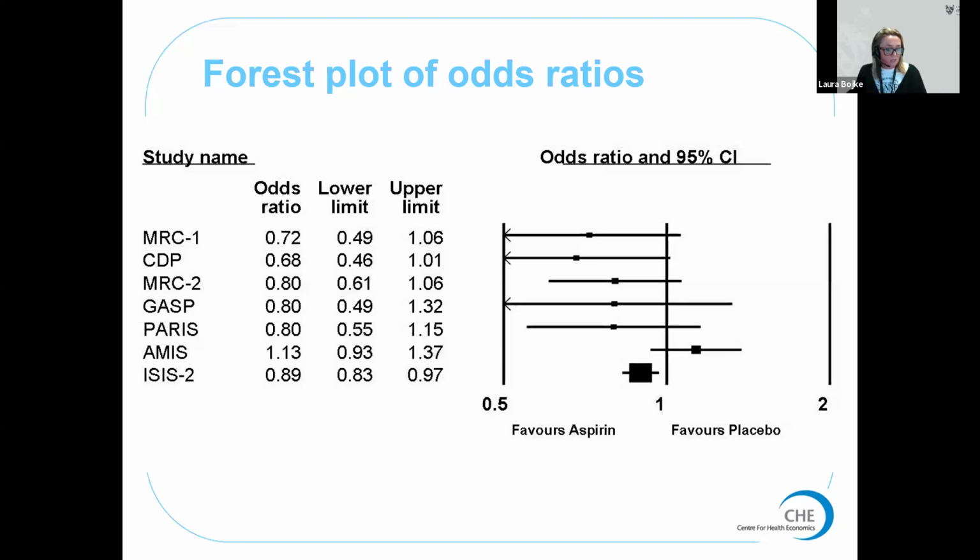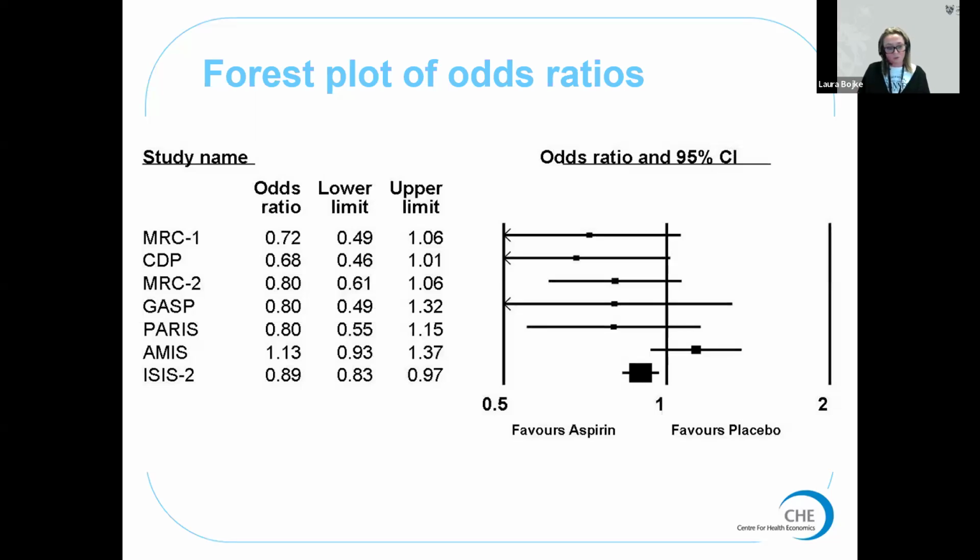So we calculate the odds ratio across each of those 7 studies, and this forest plot just shows those odds ratios for each of those 7 studies. So here we can visually see the differences where studies have larger confidence intervals. Those may be smaller studies, so we're more uncertain about that effect estimate. So it provides a useful visual representation, but ultimately doesn't enable us to then produce a summary.